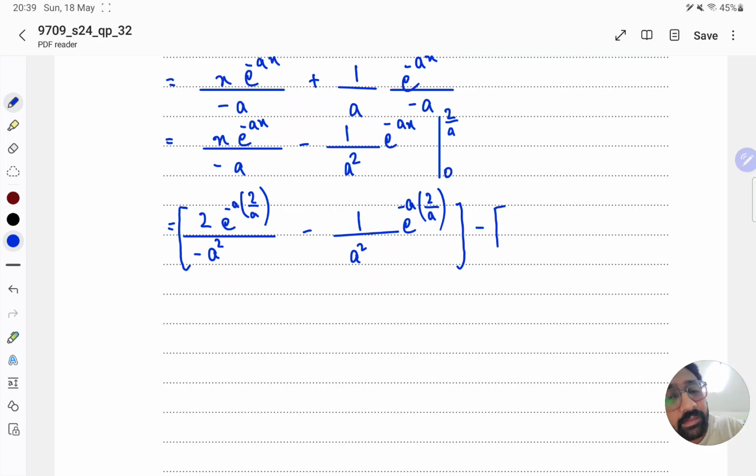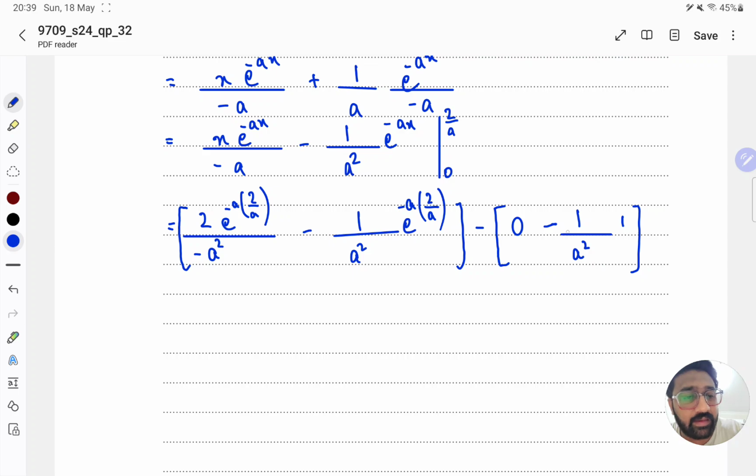Similarly, for the lower limit, if I put 0 for the first one, when x will multiply with everything, it will become 0. So let's write 0. Then comes minus. Since there is a minus over there, if I put 0 over here, it will become 1 over a square and the power will become 0, which will ultimately turn into a 1.